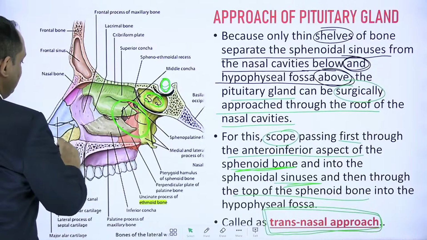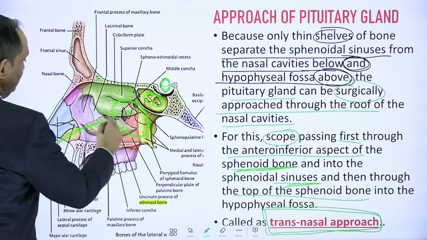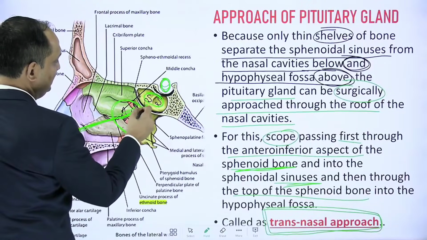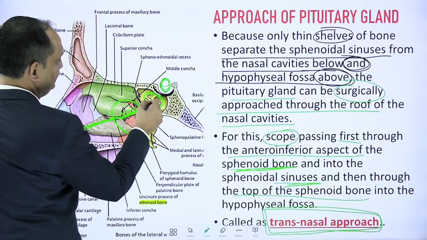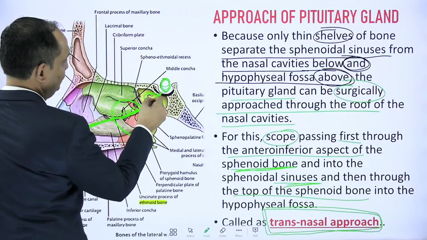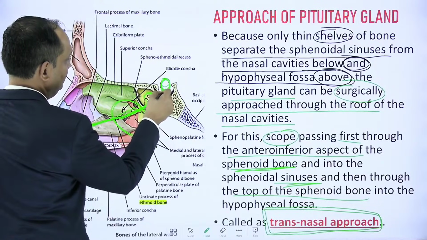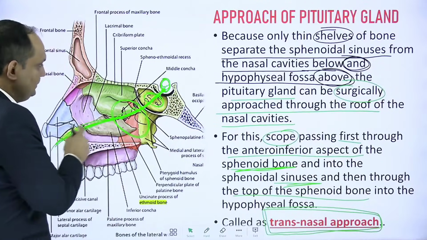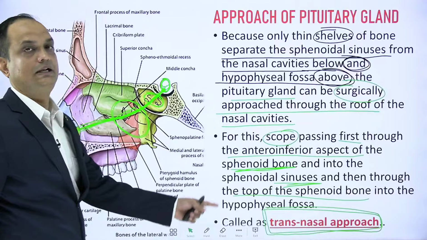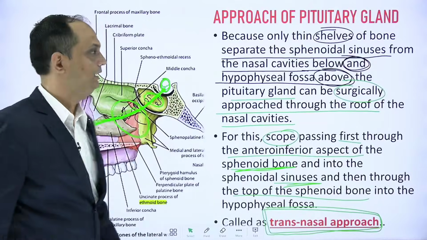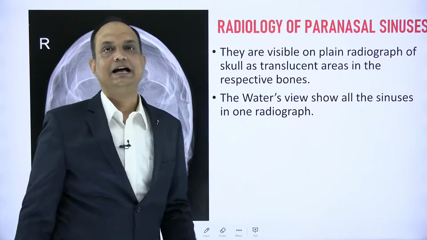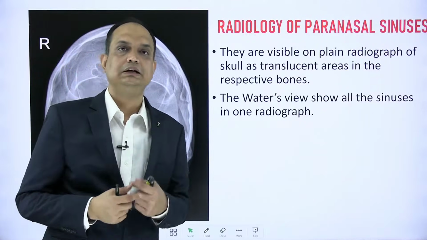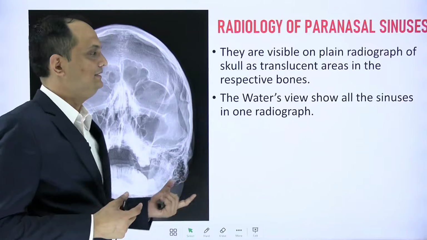So, if you pass a probe, first you will enter the probe inside the nasal cavity, locate this anterior wall, then puncture this anterior wall, pass through the sphenoidal sinus, then puncture this floor of the pituitary fossa, and you will reach the pituitary gland. So, this path is known as the transnasal approach of the pituitary gland. Clear?